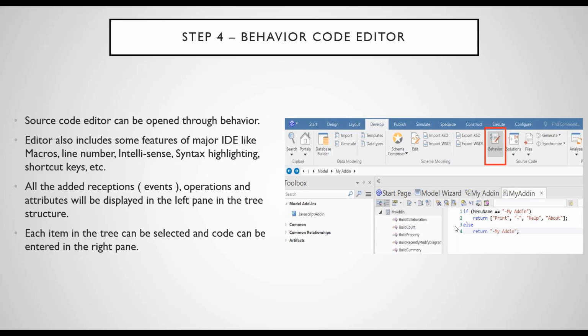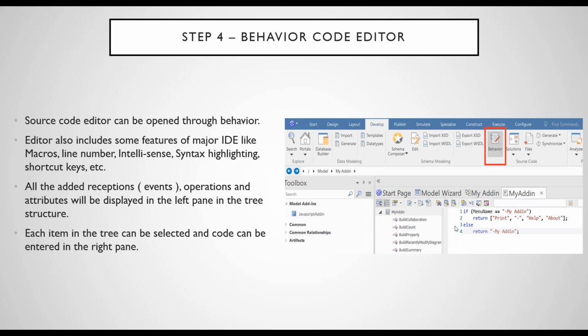Once the configuration part has been done, we need to add some scripting to make the add-in functional, right? That's where EA's code editor comes up. This editor is an inbuilt feature from Sparx, similar to any other code editor.